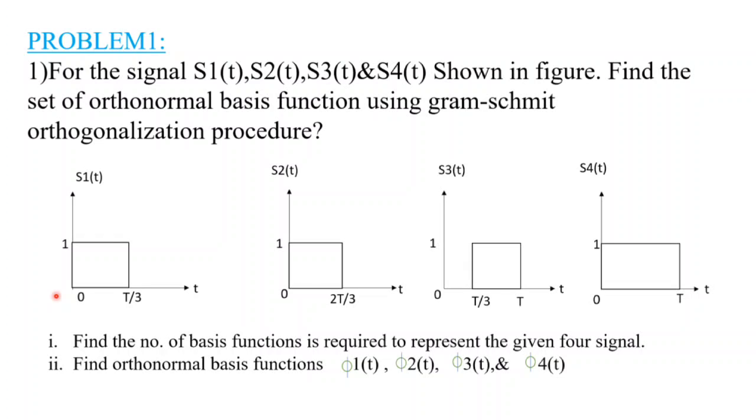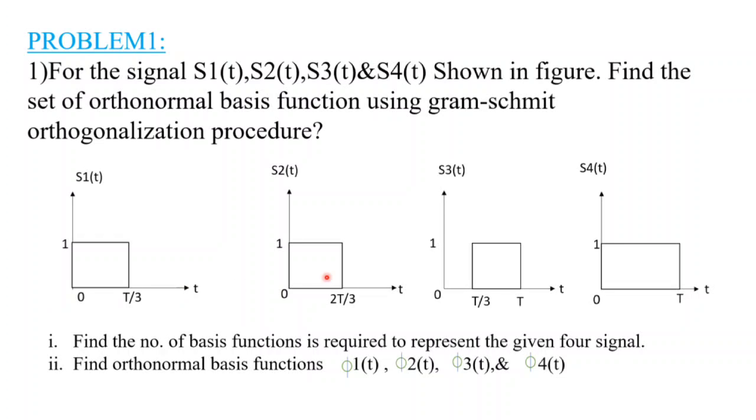So this is the condition for orthonormal functions, and the condition for orthogonal functions is the integral from 0 to T of phi i of t into phi j of t dt equals k if i equals j and 0 if i not equals j.